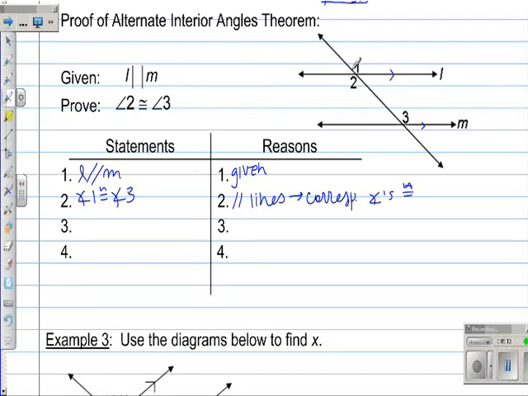So that tells us angle 1 is congruent to angle 3. Well, from here you can see that angle 1 and angle 2, those are vertical angles. So if we already know something about angle 1, well, now we know angle 1 is congruent to angle 2 because vertical angles are congruent.